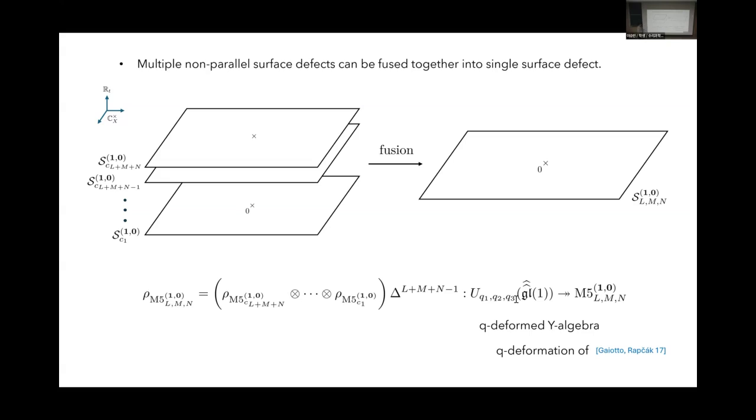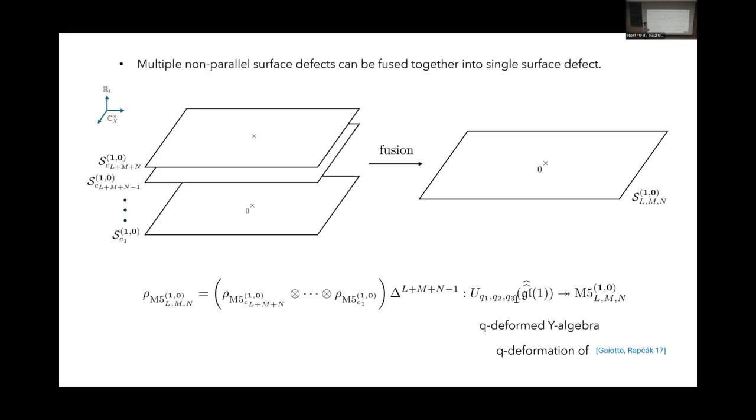You do exactly the same procedure, map it through L plus M plus N minus 1 times of coproduct, and then map each factor through the free Q boson. I'm defining some algebra that's embedded into tensor products of free Q bosons, and this image is defined to be M5 LMN.